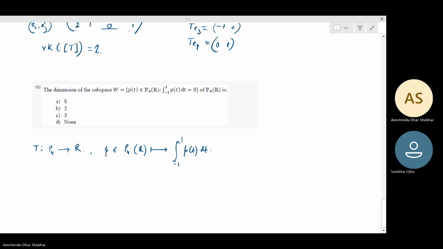And we have to compute the dimension of the null space of T.